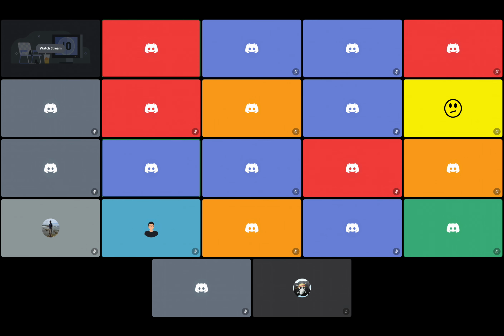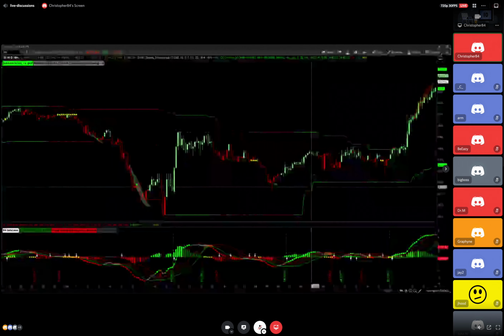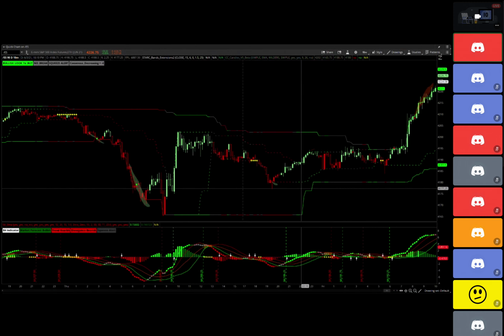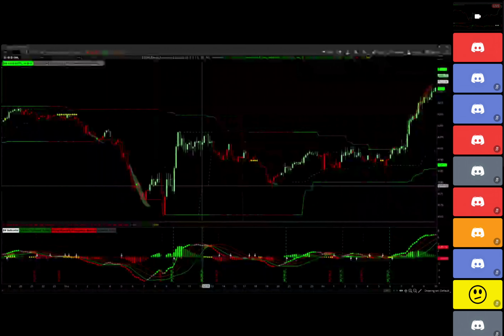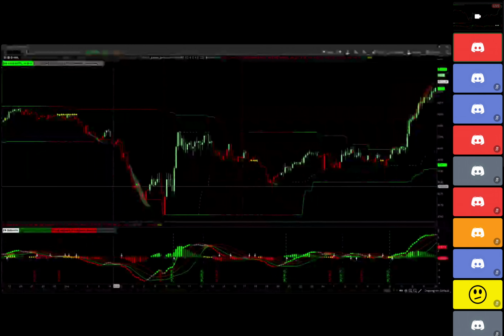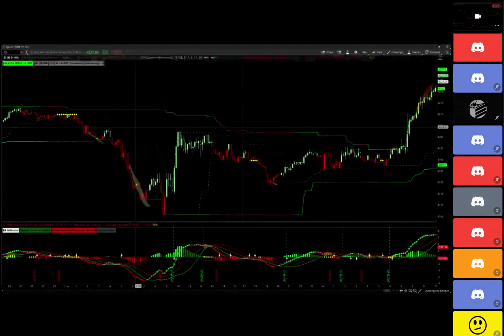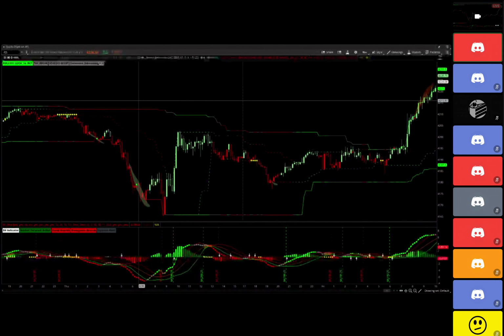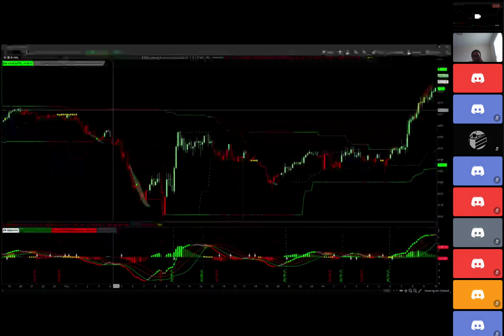So right here, we're looking at just a 10-minute chart of the E-mini S&P. And for the moment, we'll bring the focus into the C3. Where I like to start on this is the candles themselves.